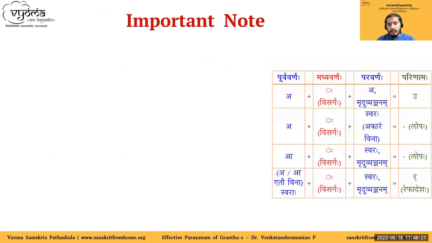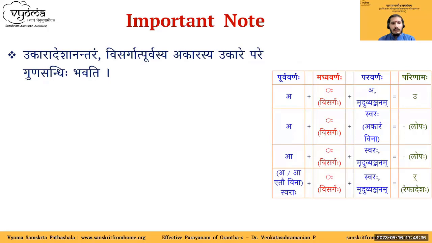Next, here once we do the ukaradesha, one thing which we have to note is उकारादेशानन्तरं विसर्गात् पूर्वस्य अकारस्य उकारे परे गुणसन्धिः भवति. So what occurs is, in place of madhyavarna we get ukaradesha.